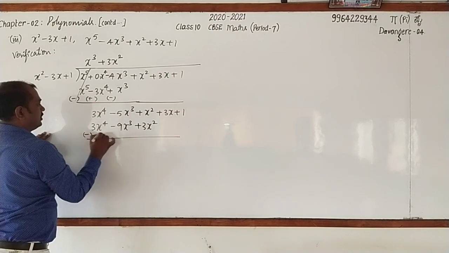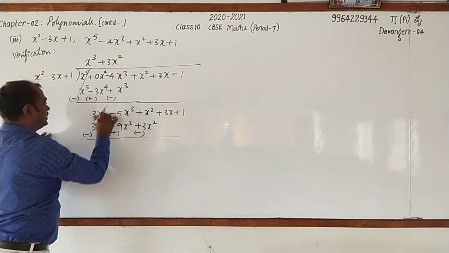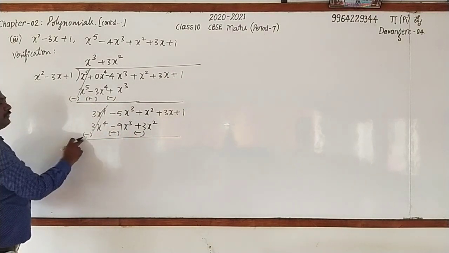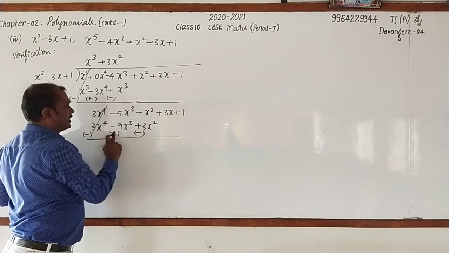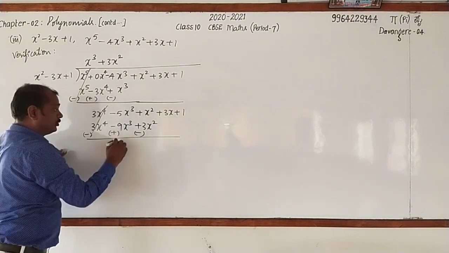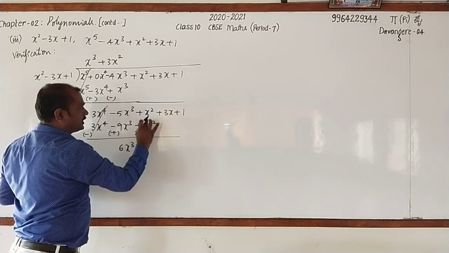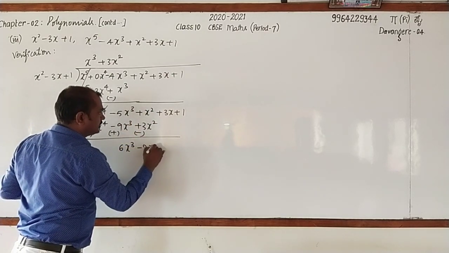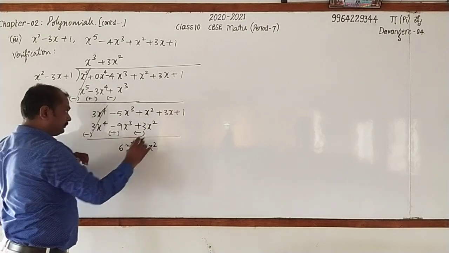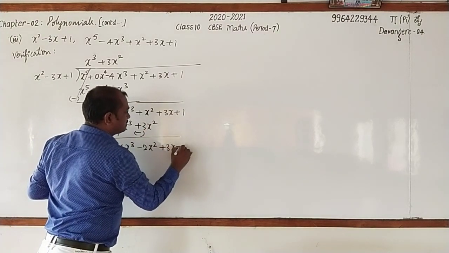Change the sign. Minus, plus, minus. Same terms with a different sign. Now minus 5x cube plus 9x cube. It is 6x cube. 1x square minus 3x square, minus 2x square. Carry down 3x plus 1.